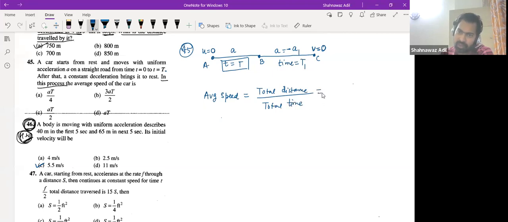So let's say this distance is S1 and this distance is S2. So we have to calculate S1 plus S2 divided by the total time, this time is T, and this time is T1. Correct?